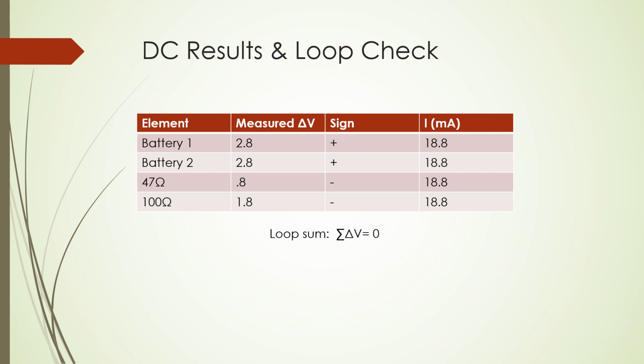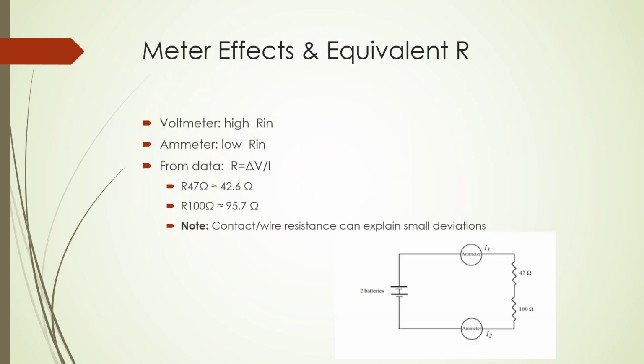And then after the resistors, measured V for the 47 ohm is 0.8 and for the 100 ohm was 1.8. And then of course when we add delta V's, we will get 0 with the negligible wire drop.